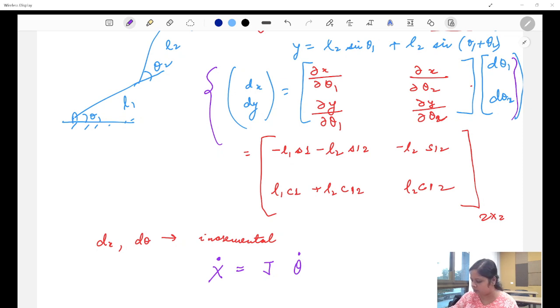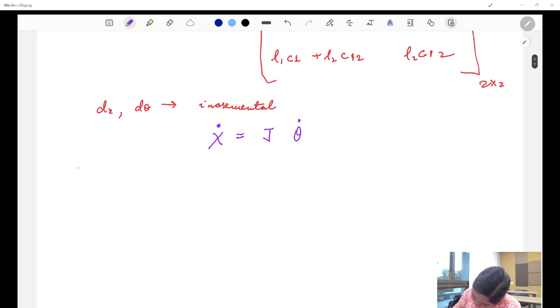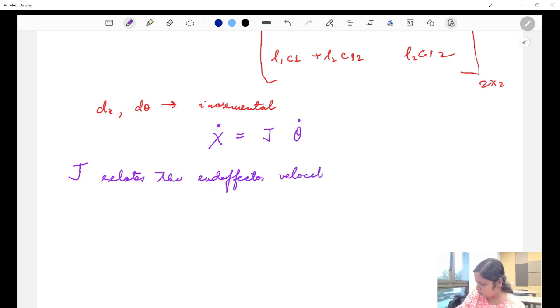All right. So we get to know that J relates the end effector velocity to joint velocity.